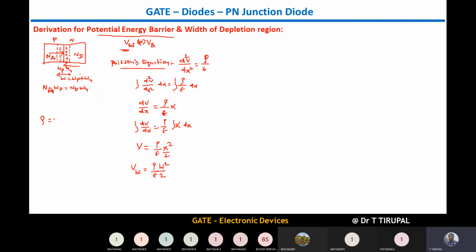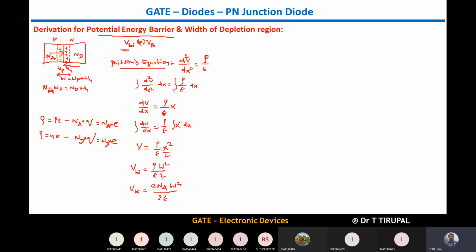So here rho is nothing but what? I told you already, rho is equal to PE for p-type semiconductor, which can be written as Na into E, where E is also called Q, and rho is also equal to Ne, where N means donor concentration, Nd into Q. So instead of rho, it may be Na or Nd. For a p-type semiconductor, the built-in potential is E Na into W square divided by 2 into epsilon.